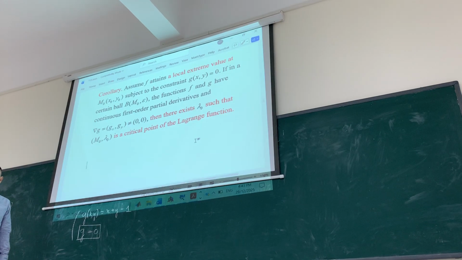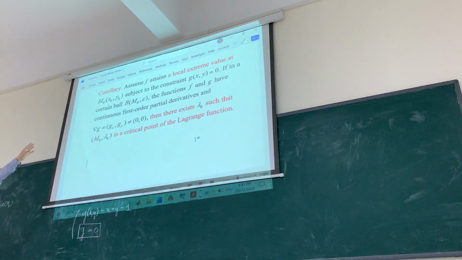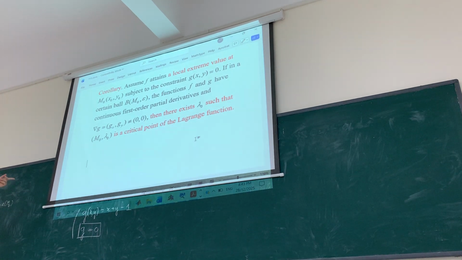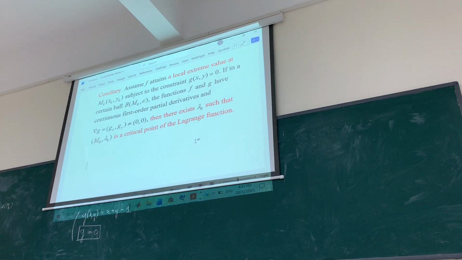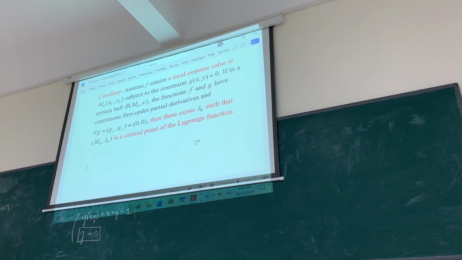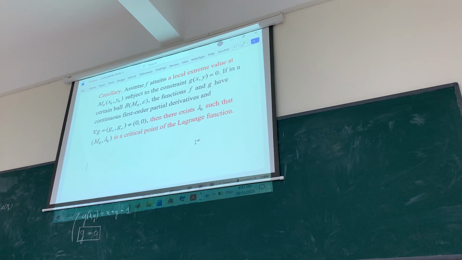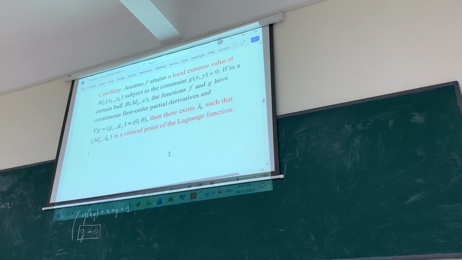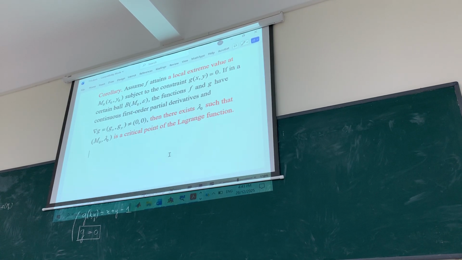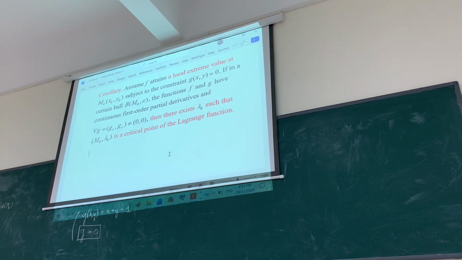Okay, I think you can write out the corollary here. It shows how to use the Lagrange function to find constrained extrema. We have two steps.